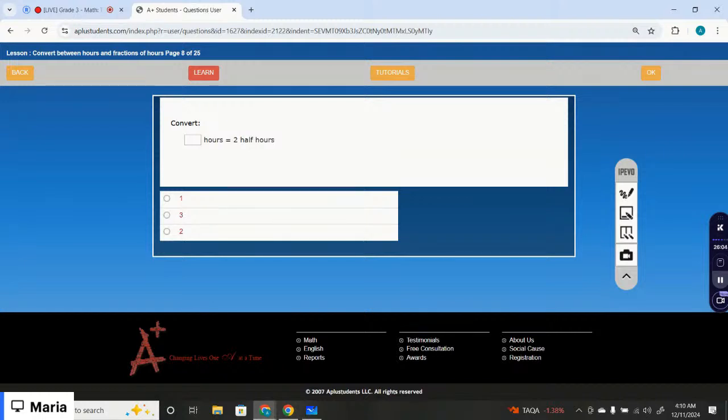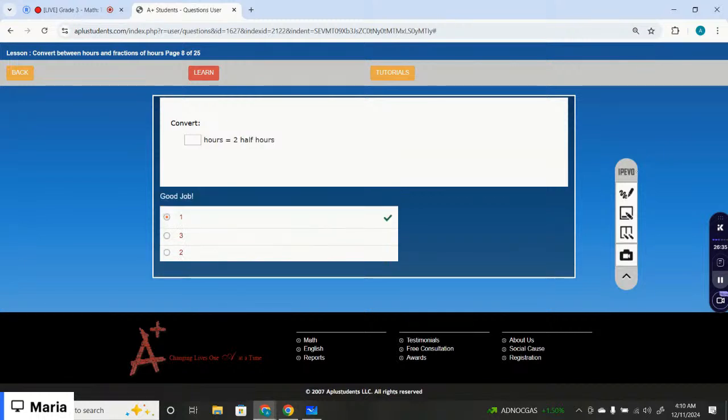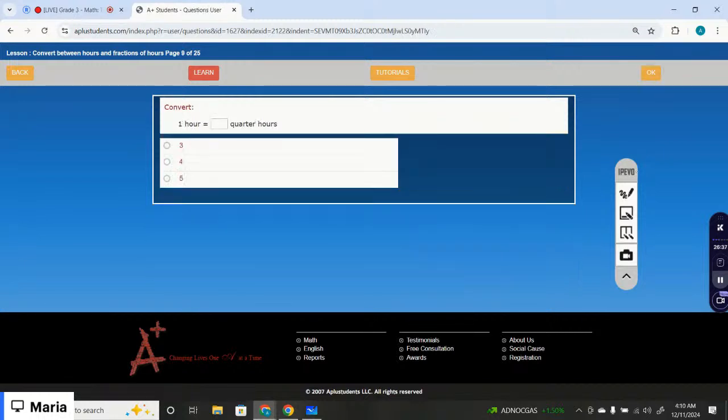2 half hours equal how many hours? 2 half hours equal 1 hour, right? The correct option is option number 1. 1 hour equal how many quarter hours?